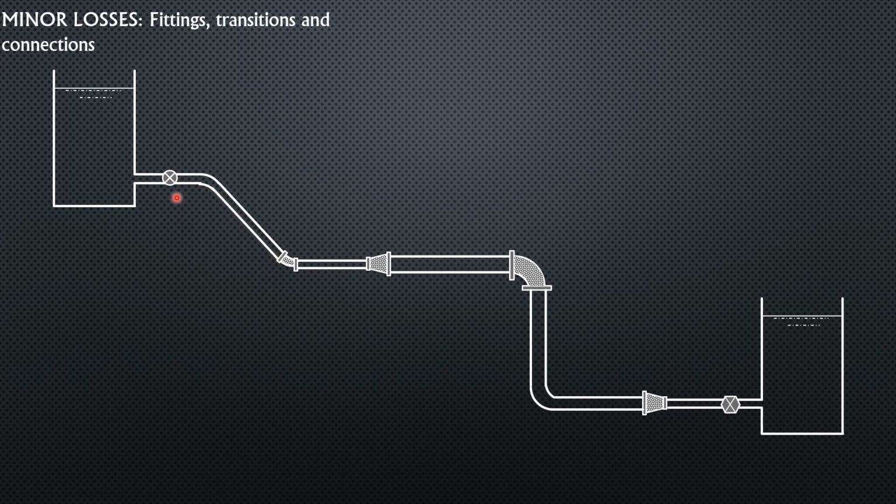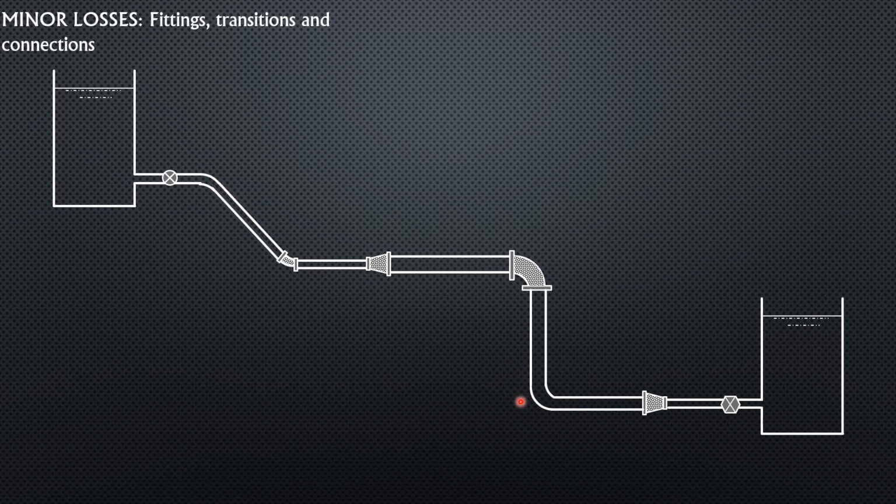Then we have the presence of a valve, then an elbow, 30 degrees, 45 degrees elbow, or whatsoever. Then we have here a conical diffuser or expansion, but gradual. We have here a 90-degree standard elbow. We have a bend, by the way, here.